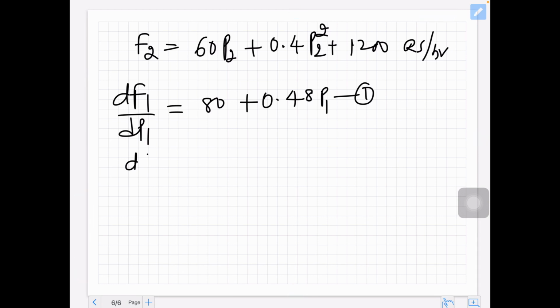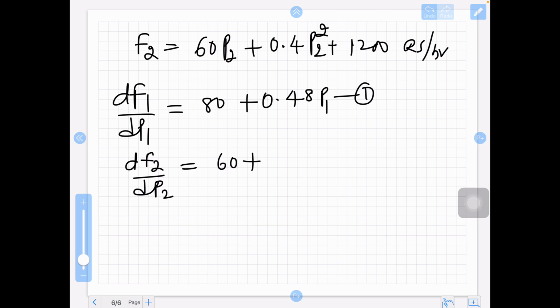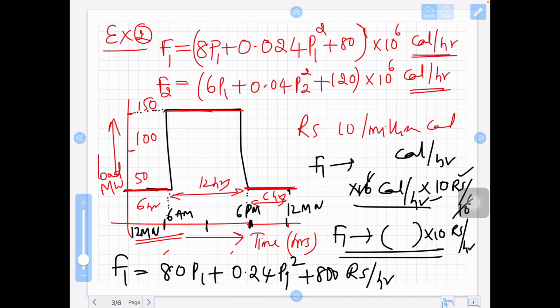For the F2 equation, if you take the differentiation with respect to the second plant, you will get 60 plus 0.8 P2, the second equation. In this problem, no transmission losses are given.